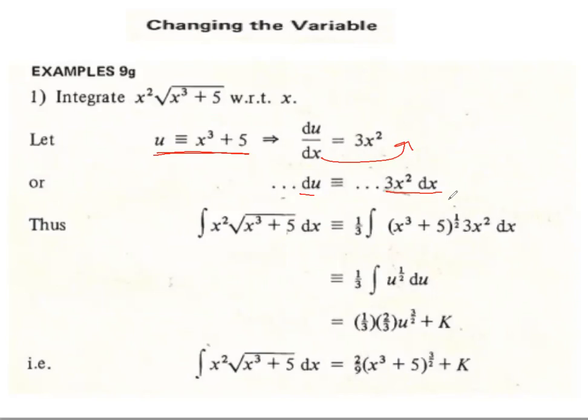So what this line is saying is that integrating something with respect to u is equivalent to integrating that something times 3x squared with respect to x.